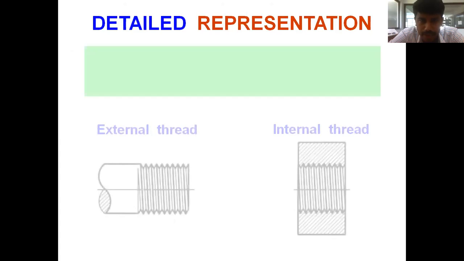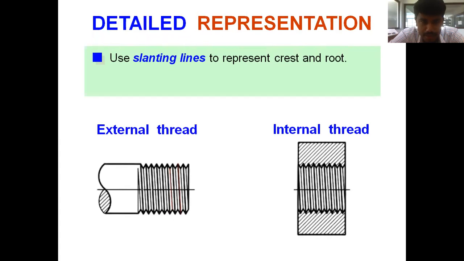Detailed representation: here we use slanting lines to represent the crest and root. We already discussed what we mean by crest and what we mean by root. For external threads, slanting lines.